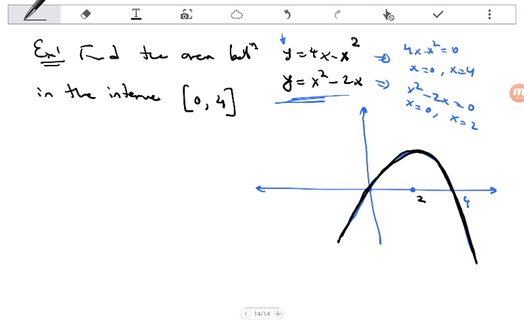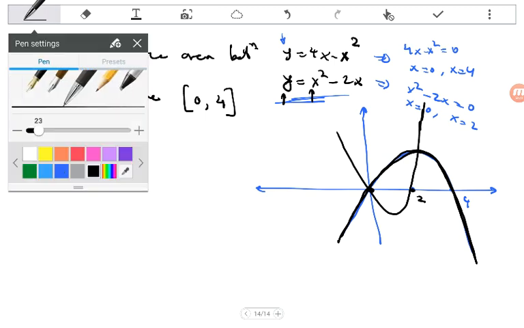Now the other parabola is intersecting at the two points 0 and 2. Now this is looking upwards, because we have the same signs for y and x squared. So it will be something like this.